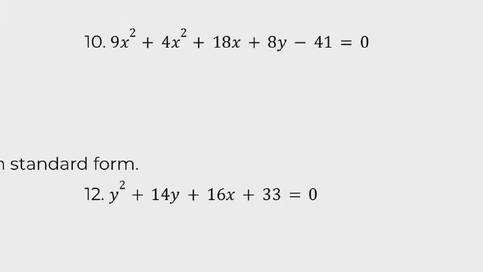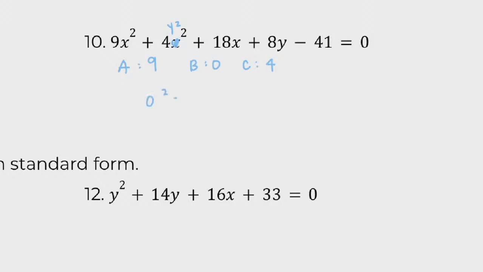Okay, next one, we're going to find the same 3 variables. A is the number in front of, oh, sorry, this should be a y squared. Okay, anyways, a is the number in front of x squared, which is 9. B is the number in front of xy, there's no xy, so it's 0. And then c is the number in front of y squared, which is 4.